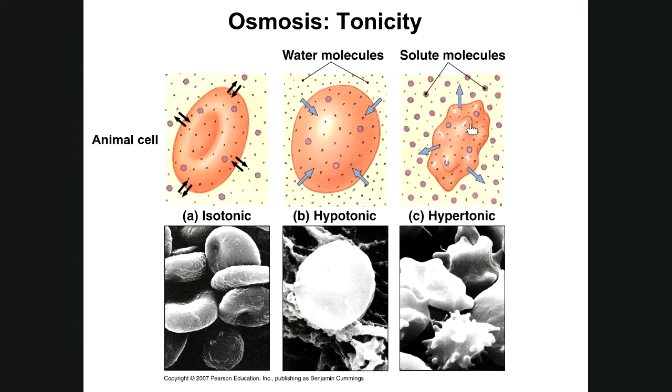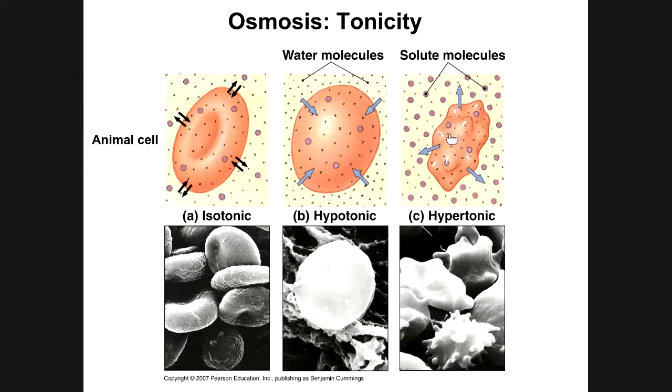Remember, we're under osmosis. That's what I'm explaining here. So what happens? By placing red blood cells in a solution with a very high salt concentration, the ECF is said to behave as a hypertonic solution. Whenever the ECF behaves as a hypertonic solution, that means the ECF has a higher solute concentration than the ICF's solute concentration.